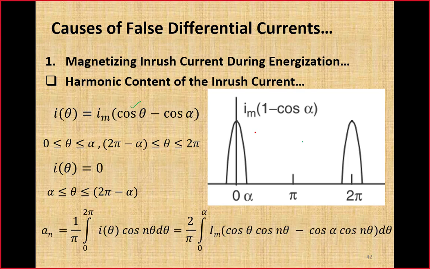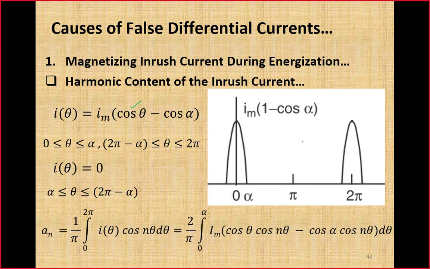Next, this is the equation to find the coefficients of the Fourier series for this periodic signal. Because this waveform is an even function, only the real coefficient will exist for the Fourier series. So we can assume that the imaginary coefficient Bn will be 0. And here An is given as the integration from 0 to 2 pi, that is the time period or angle over which we are integrating, of I(theta) cos n theta d theta.